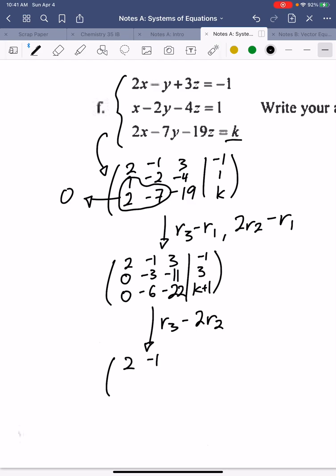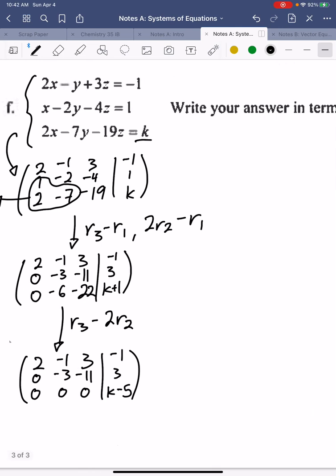So 2, -1, 3, -1. Then we have 0, -3, -11, 3. That doesn't change either. This changes though. So 0, 0, also 0, k minus 5.